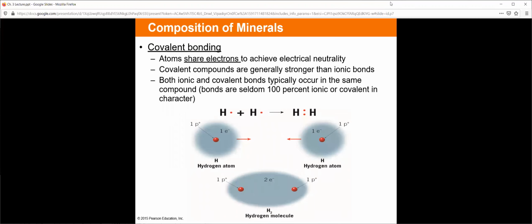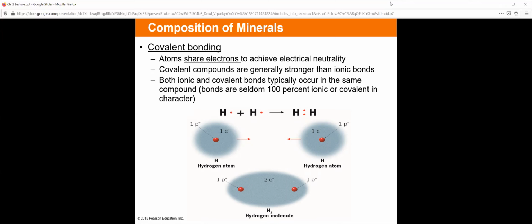Again, I'm really breezing through this stuff. Hopefully, at this point, you have at least a super, super basic understanding of chemistry well enough that I don't need to go into details, right? Covalent bonds are another example of ways that minerals can form via elements combining. These happen when atoms share electrons to achieve electrical neutrality.